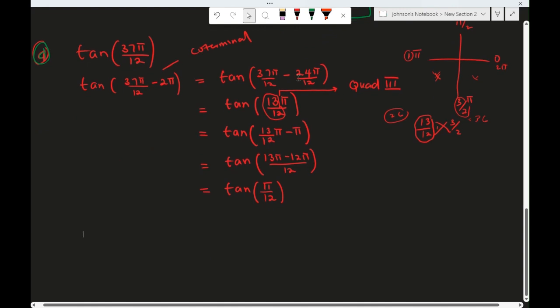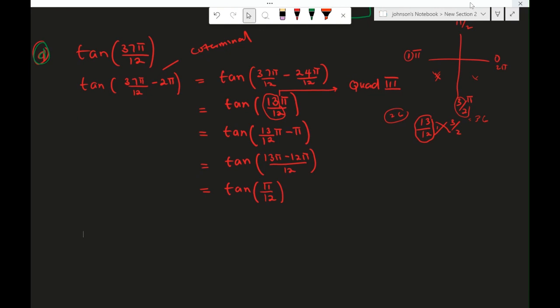So pi by 12, definitely we don't have the exact value. So we have to think of how to break this number into something we can use. But if you look at pi by 12, you can decide to convert pi by 12 to degree from radian by multiplying by 180 over pi. Pi will go with pi.